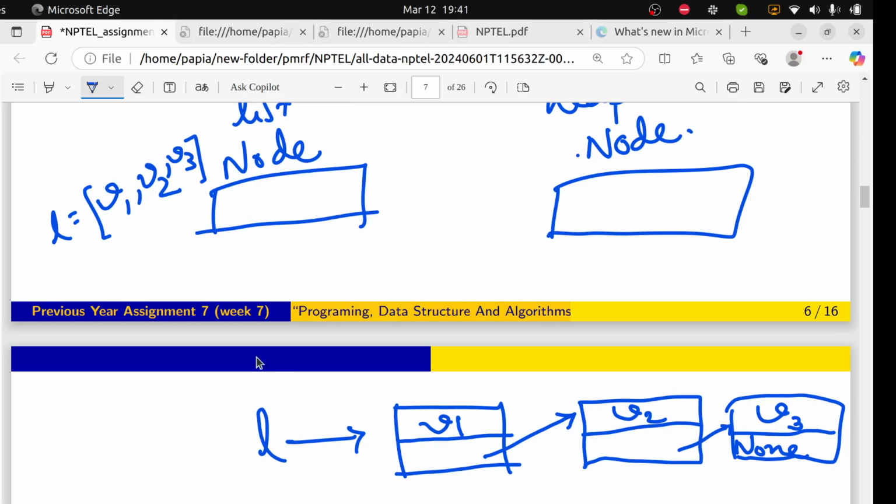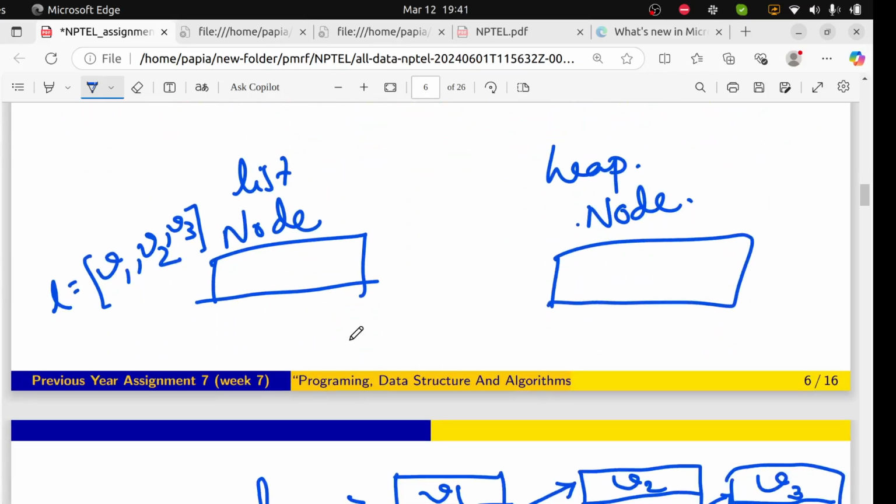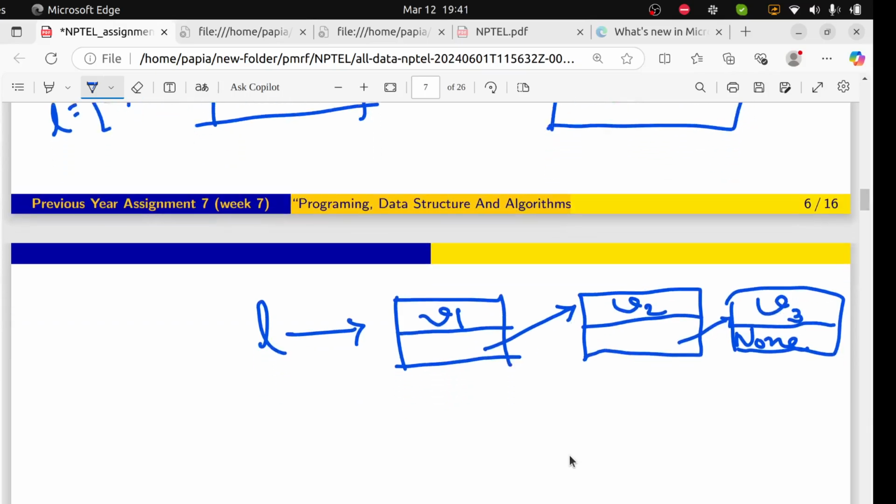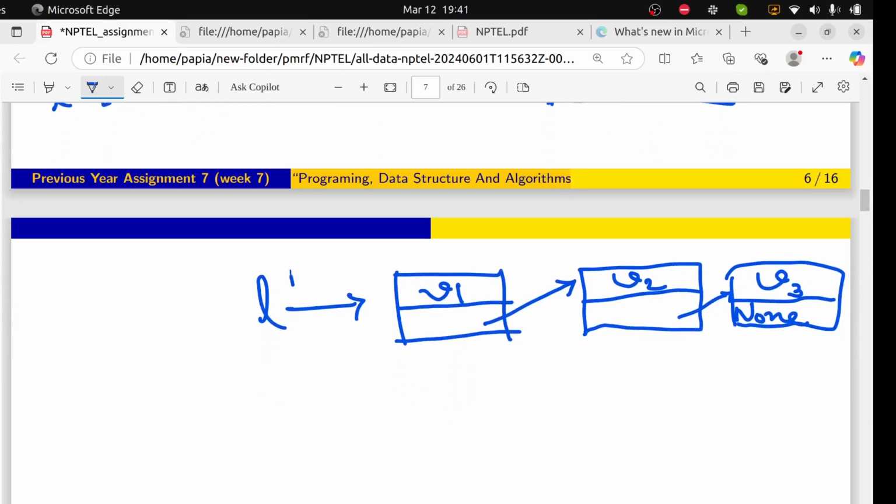Why am I reminding you of these things? I can have a slightly different problem, similar to this one. To begin with, you should remember the problem whatever sir was giving. That is important, and after that you will have a new problem. There was one L, and this is the representation of V1, V2, V3, and if there is nothing then there will be none.